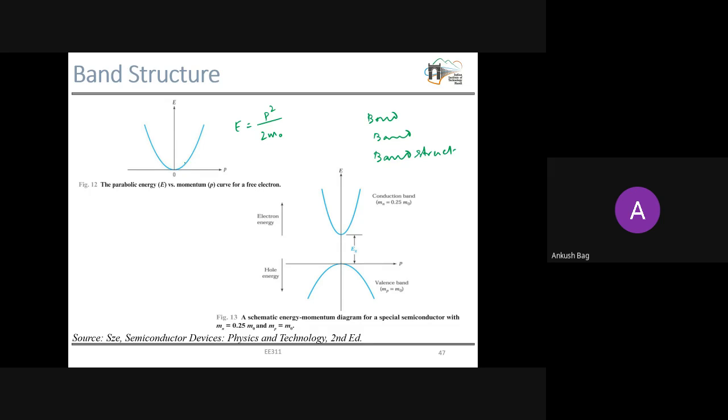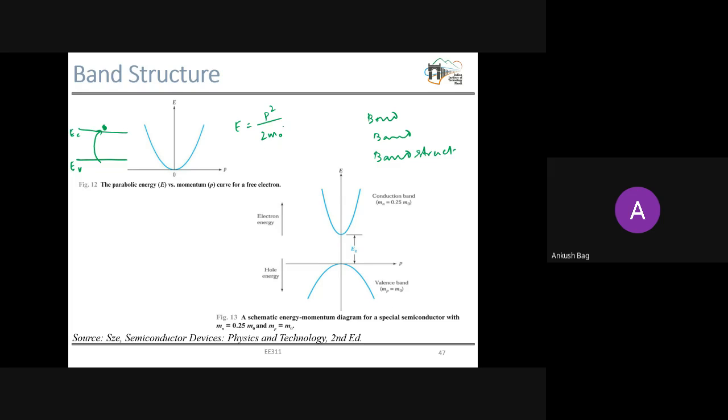So when you have excited one electron from the valence band to the conduction band, this electron is free, so it can move. It is not a bound electron. So now it can take this kinetic energy.